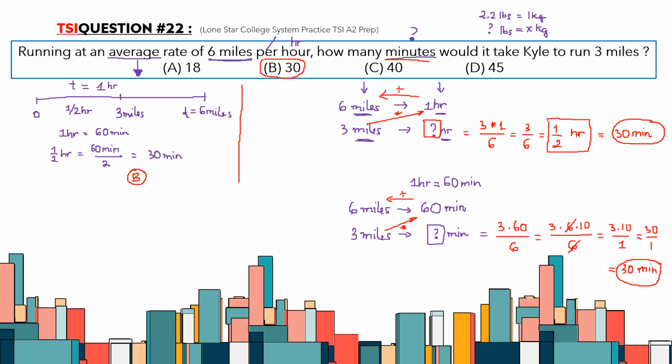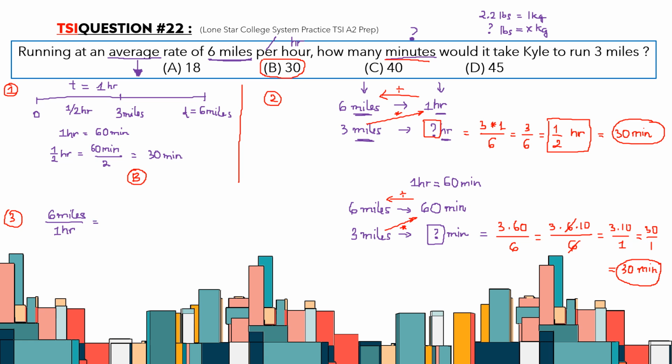Okay, that is the second method we're talking about. The third method we can use is to find the time Kyle used to run 1 mile. So we find 6 miles per hour, right?